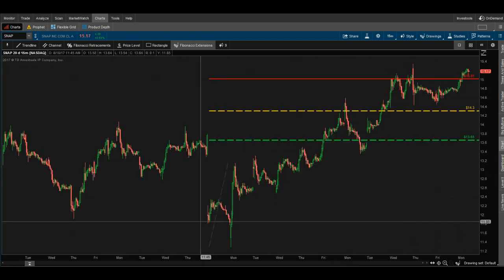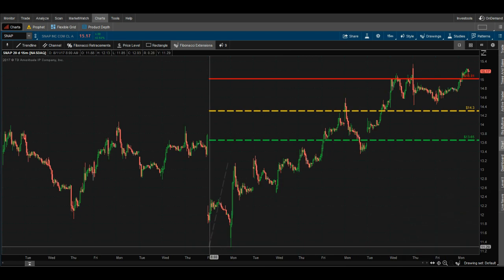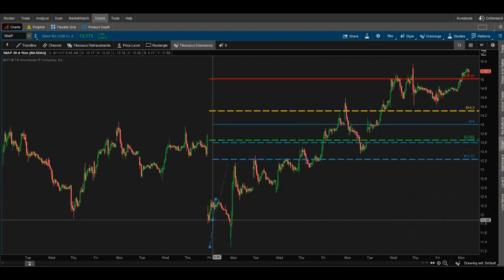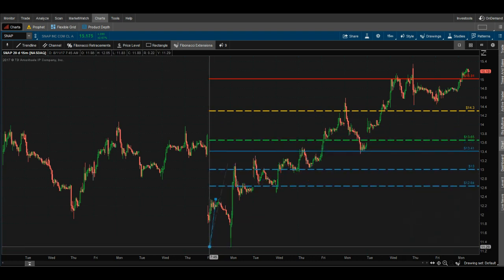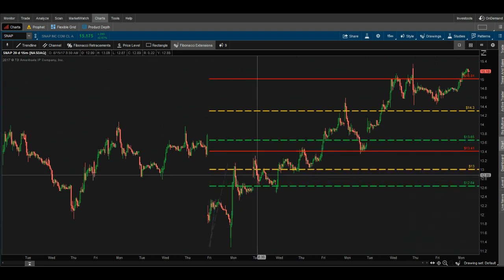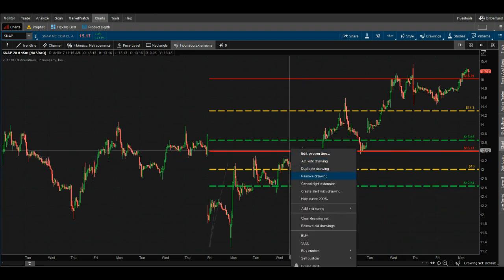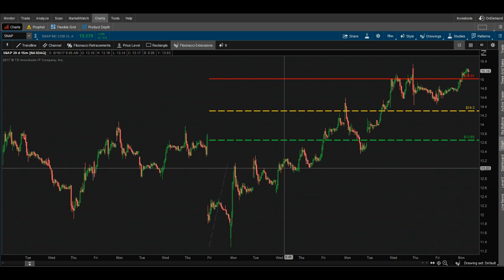So we can also see, what if we drew it from here to the left shoulder and then back down, where's the 100% move? And you could see the 100% move is right here. We touch it and pull back. This is why I love the 100% move to actually trade, because it's a lot better trade, I believe, on a percentage of it working out.